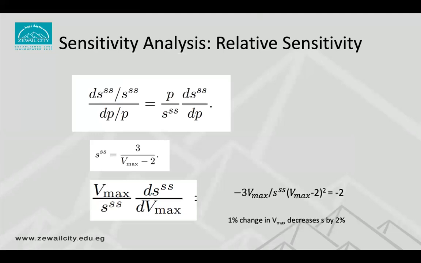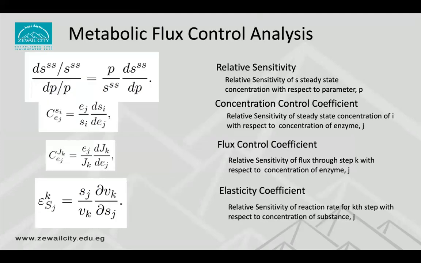Okay, so relative sensitivity is just a means of normalizing the sensitivity. Then in the literature, people define some very specific sensitivity parameters. So if you go into the literature and start seeing these terms, you have some idea of what they are.